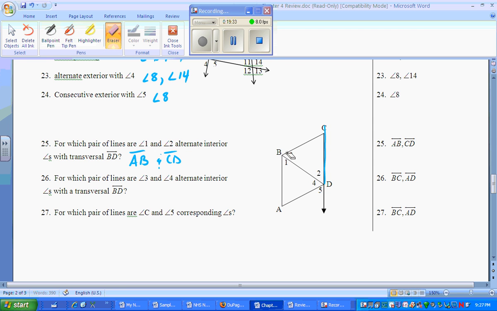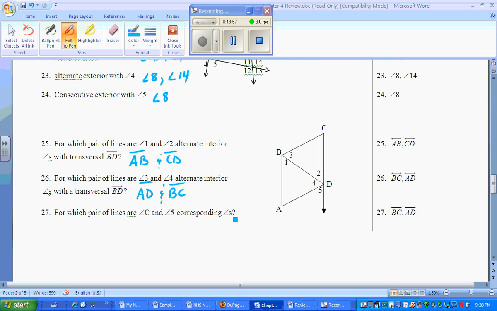For the next one, which pairs make 3 and 4? This makes angle 3. This makes angle 4. So this time we have AD and BC.